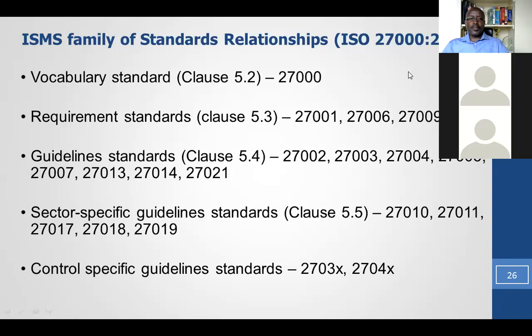Then there is ISO 27005, which normally gives you a methodology for implementing risk management. Now, risk management for IT is normally slightly different from enterprise or operational risk management. But the point to note here is that your IT risk management methodology is normally guided by ISO 31000, which again is the standard for enterprise risk management.